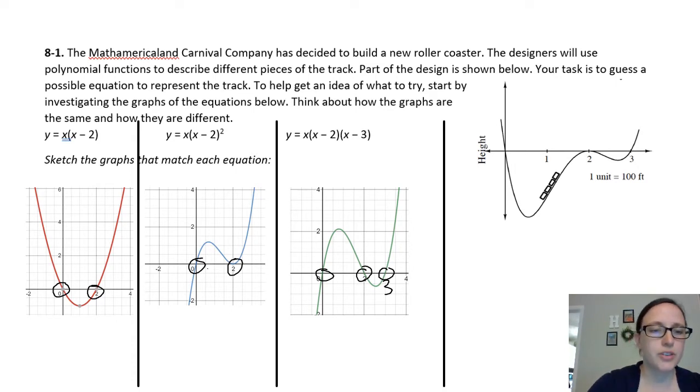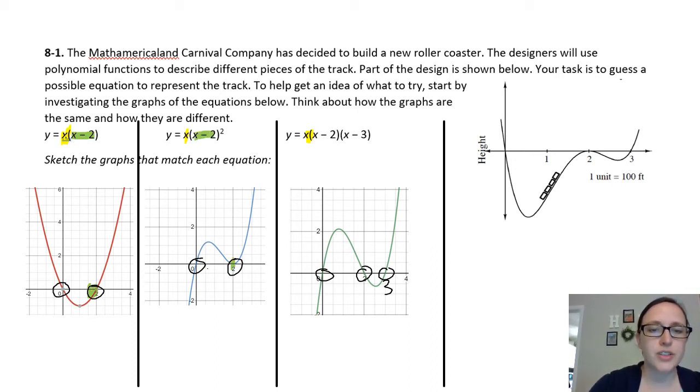So 0, 0 comes from the function where we look at x. So x tells us that there is a point at 0, 0. X minus 2, that factor tells us that there is an x-intercept at 2, 0.